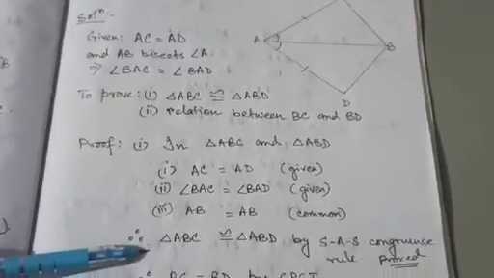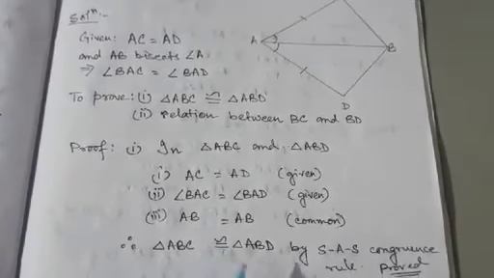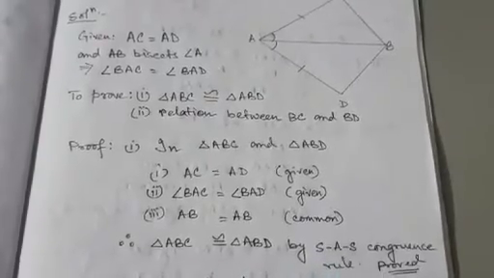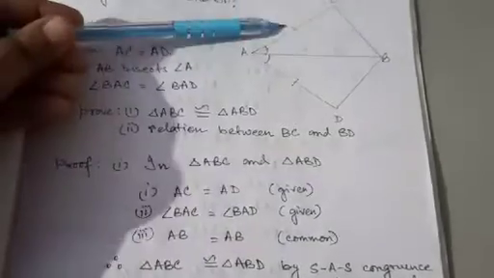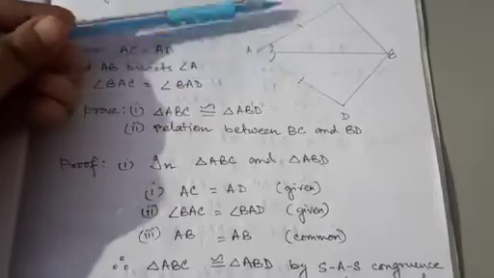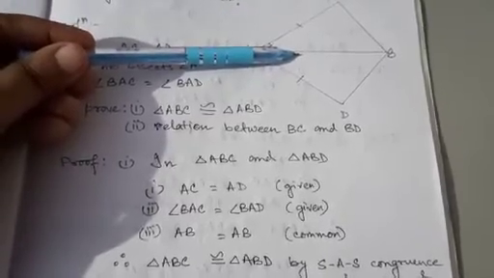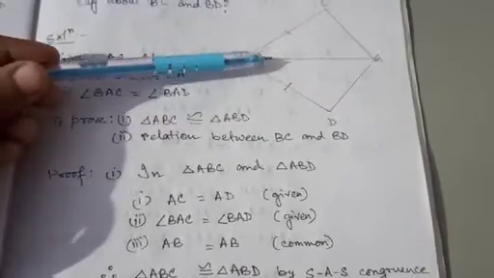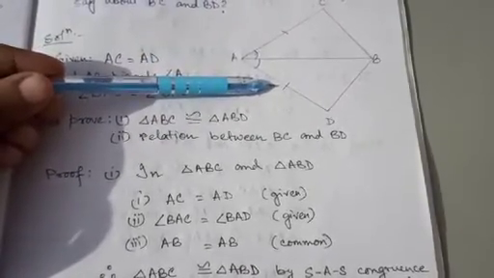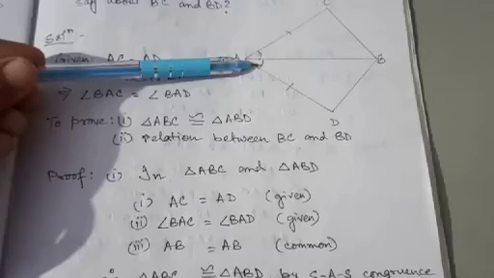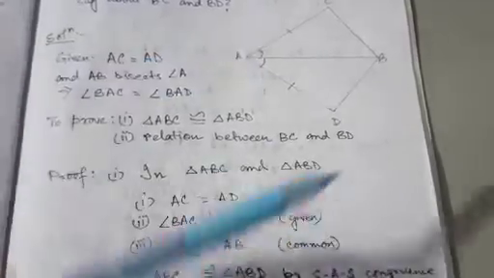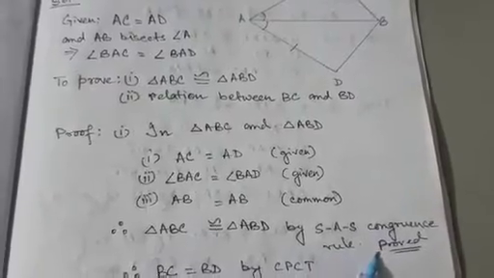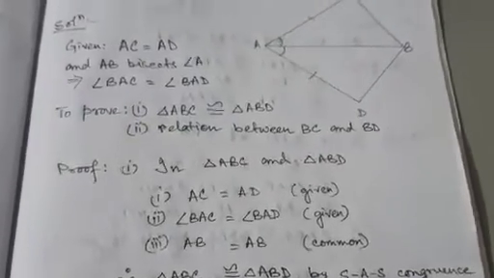Therefore, triangle ABC is congruent to triangle ABD by side angle side congruency rule. So AC and AB are the sides and the included angle is angle A. Similarly, AB and AD are the sides, angle A is the included angle. So by side angle side congruency rule, the triangles are congruent.